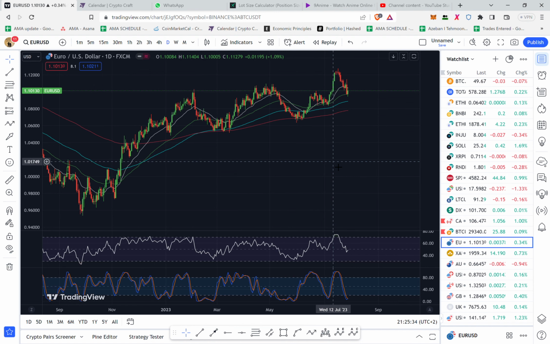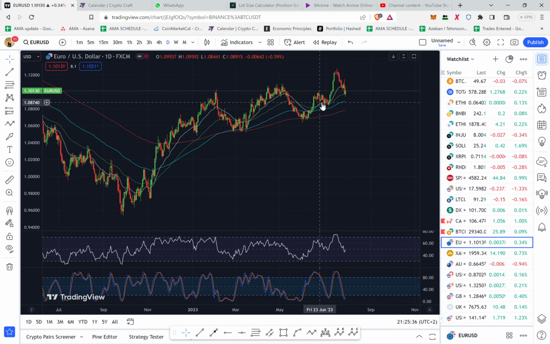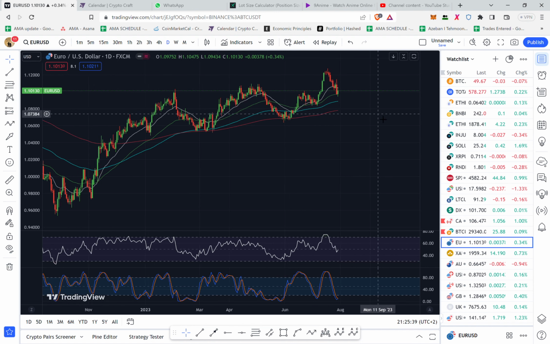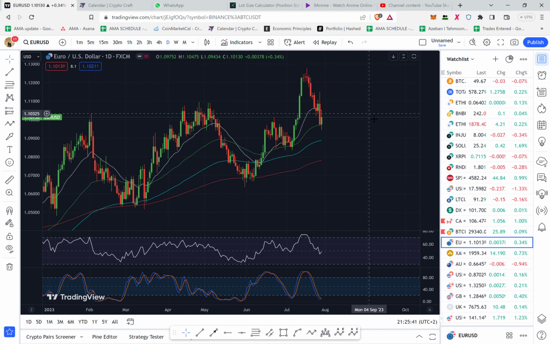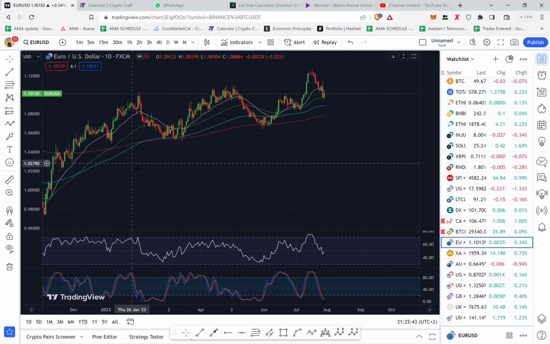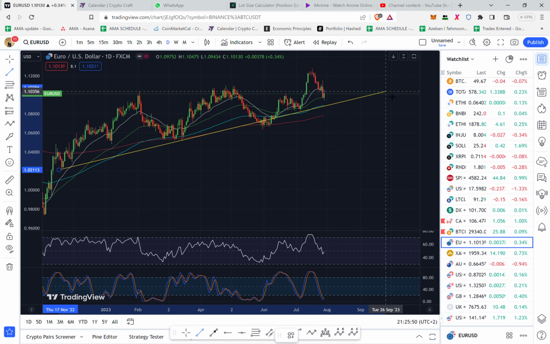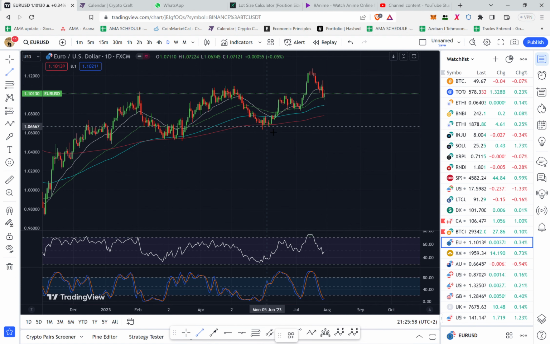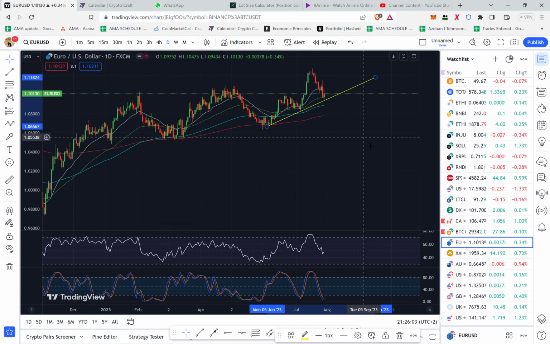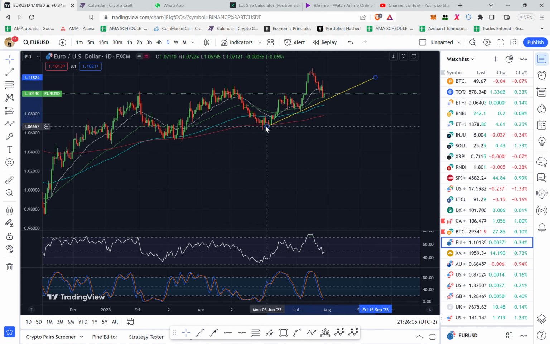Okay, so we are making higher highs and higher lows. So we could say that this is a potential trend line that we have. Actually, this would be better. So from the daily chart, we have this uptrend going on.